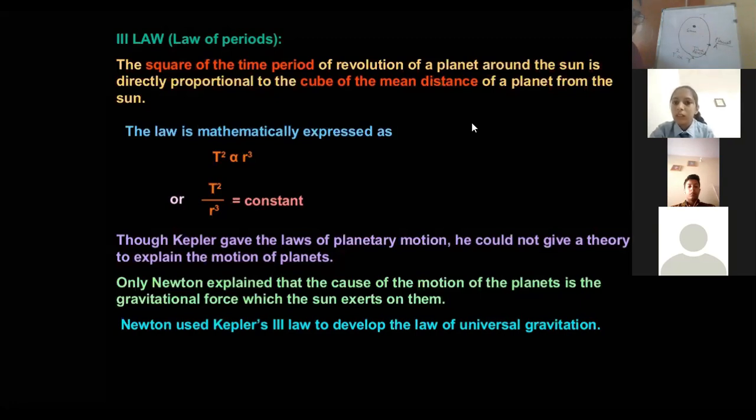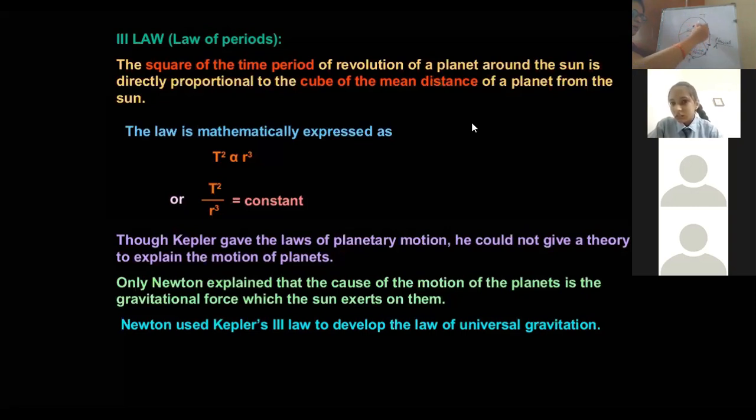Now, what is the cube of the mean distance? Let me tell you, if the orbit would have been a perfect circle, then the value of r, this distance between the sun and the circumference, would have been constant, right?